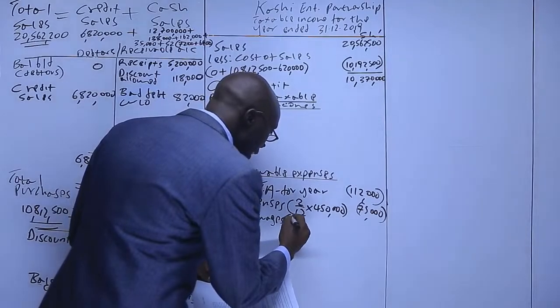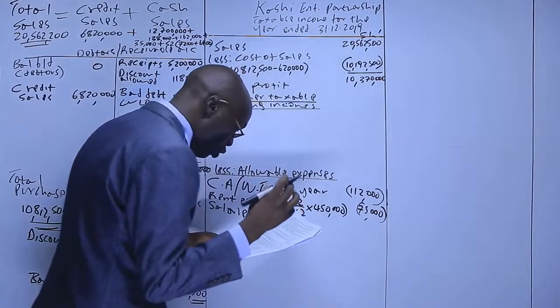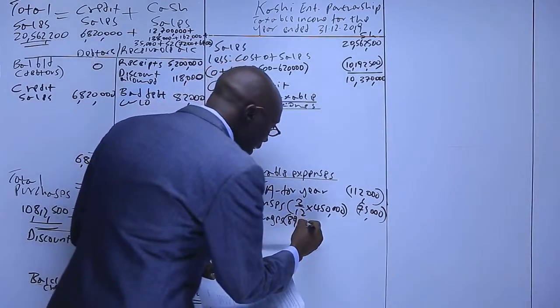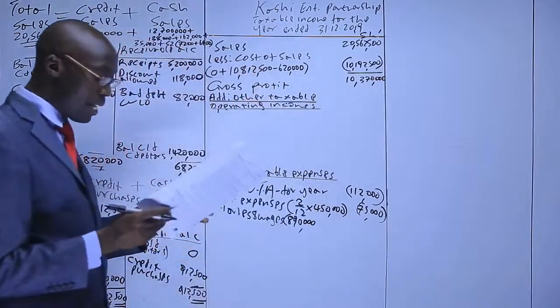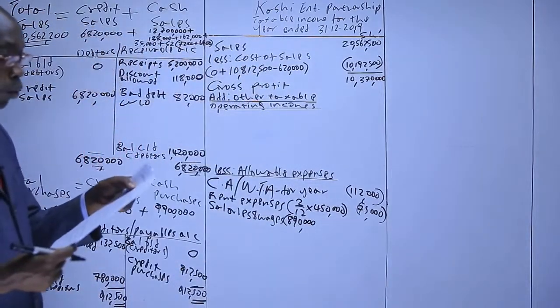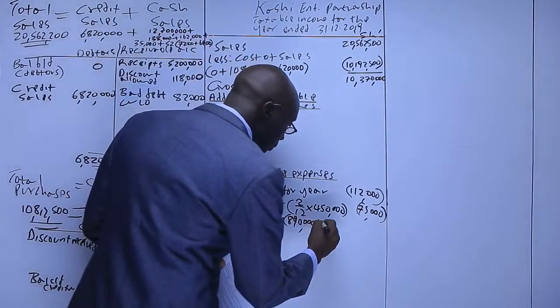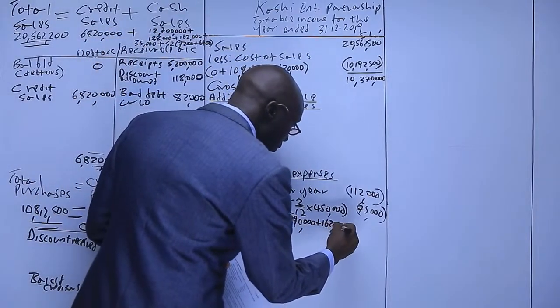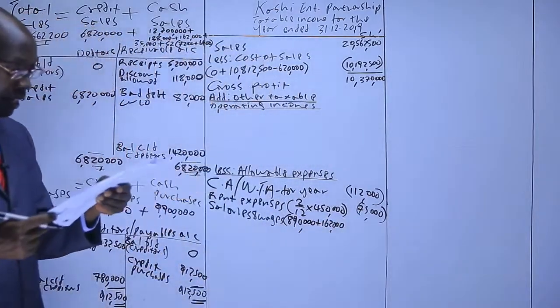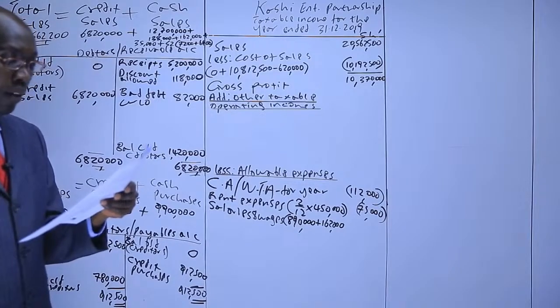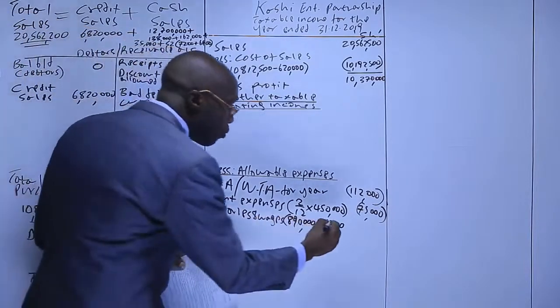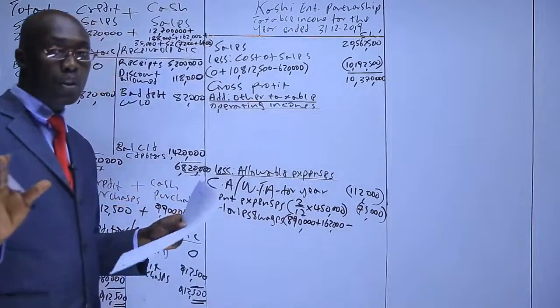So we open a bracket. Remember, we want to know the allowable salaries and wages for this year. 890,000. And then now we have to add the one that was paid through the cash. This was through the bank. The cash was 162. And then number 7, it includes the one paid to the partners. So we have to remove it because we said anything to the partners we don't allow.